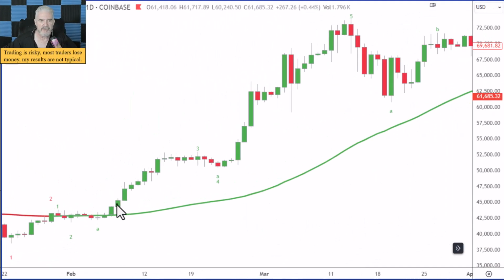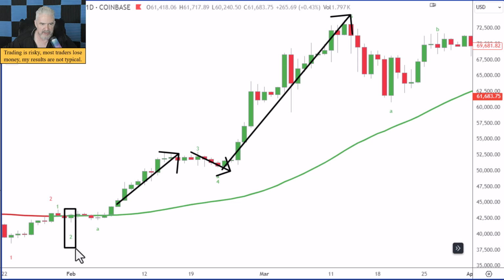So on this trend trade where we went up 1, 2, 3, 4, 5, where this timing indicator would get us in would be on the wave 2, as I mentioned, but that's really just that bar. It's literally to the penny, to the pip, to the tick, right at that bar.